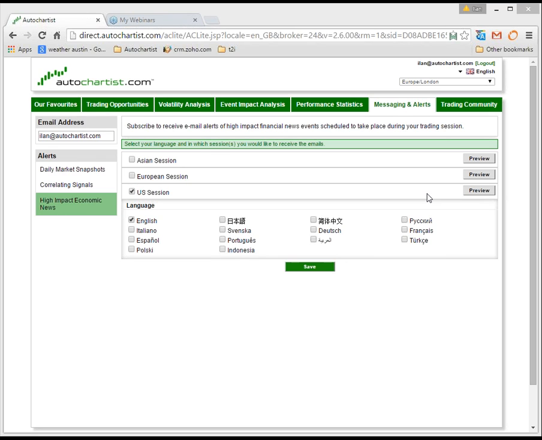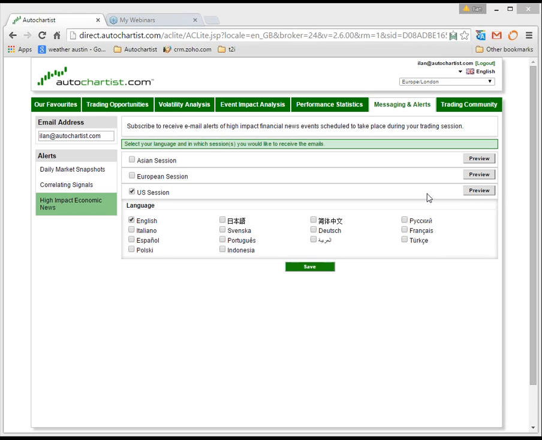Again, Carlos, Autochartist is free. Just register on our website. It is not a paid-for service. It is a free service provided by your brokers. We get paid by your broker. We don't get paid by you. Mostly you'll find the brokers that provide us are the brokers that want you to actually do well in the markets.